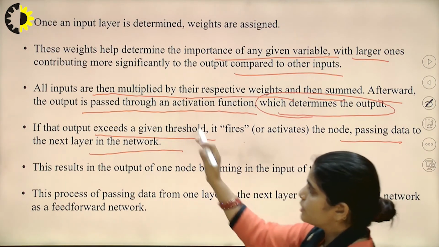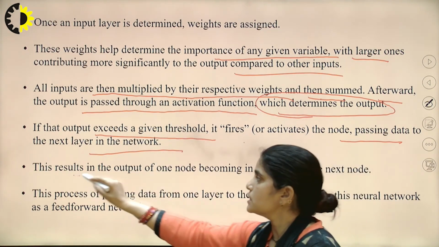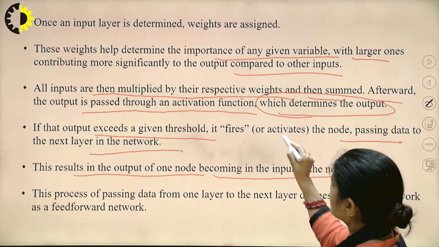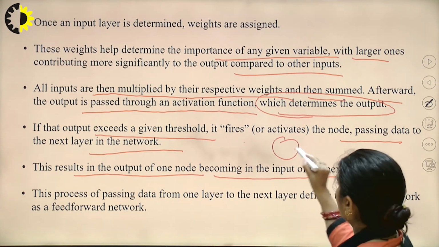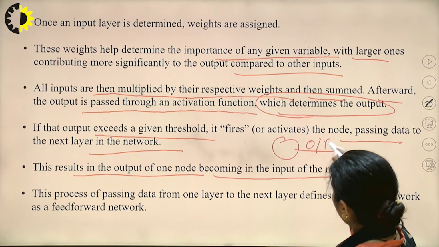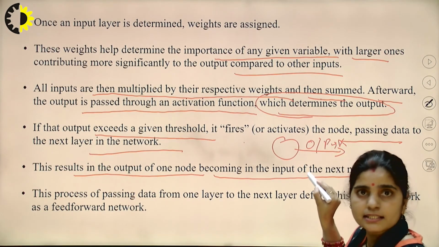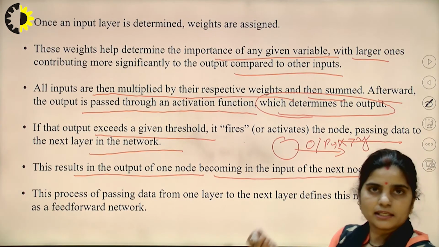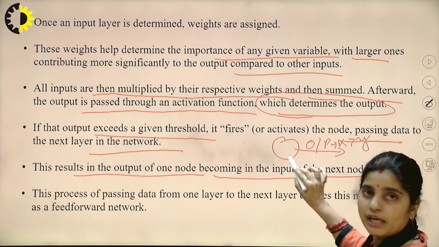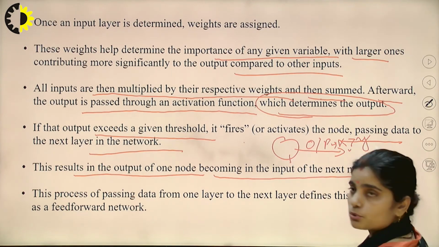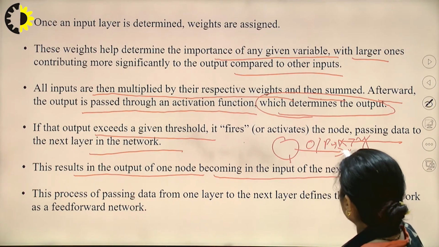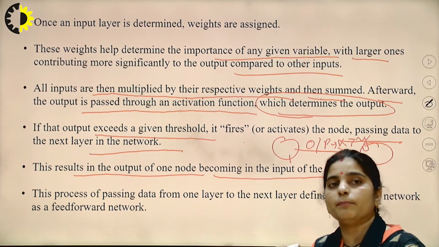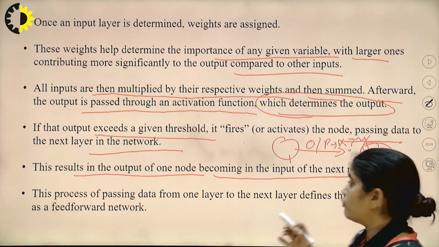Based on this concept, the output of one node becomes the input of the next node. Suppose this is a node, the output of this node is x, and if x is greater than the threshold value, which I assume is y, then only that data will be passed to the next layer of the network.